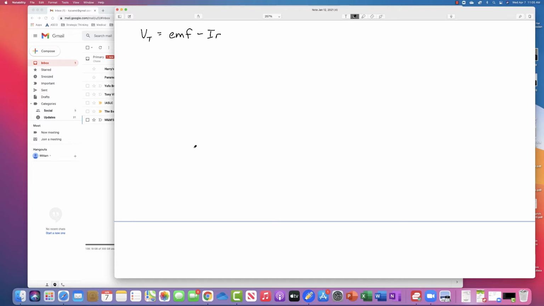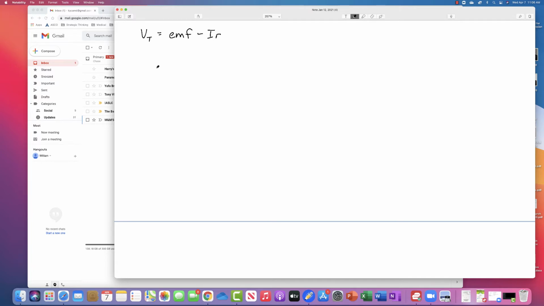So for this first problem, number 17, what is the terminal voltage of a large 1.54 volt carbon zinc dry cell in a physics laboratory to supply 2 amps of current if the cell's internal resistance is 0.1 ohms?